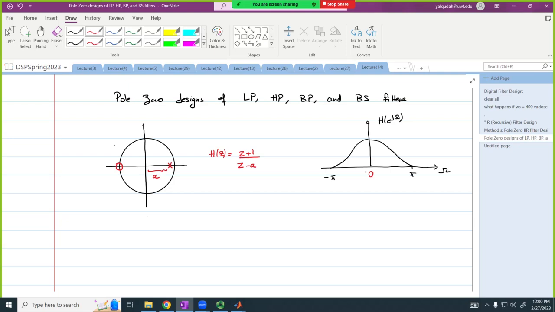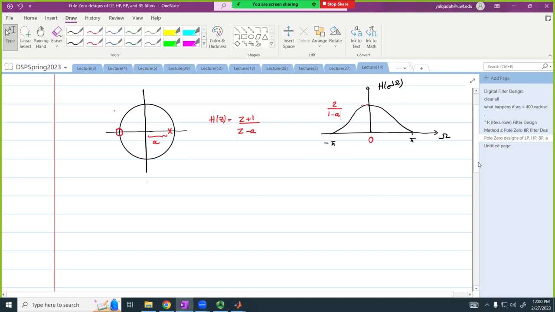Omega equal to 0 corresponds to z equal to 1, isn't it? So therefore, I can just plug in z equal to 1, which is going to be 2 divided by 1 minus A. Is that clear? Makes sense? Okay.